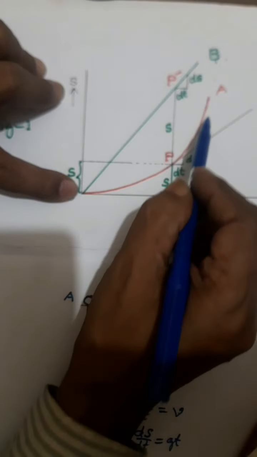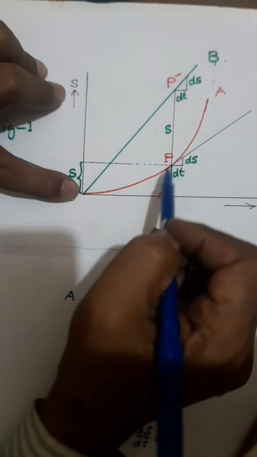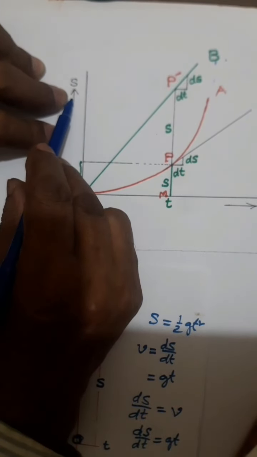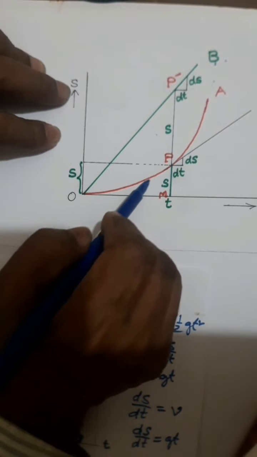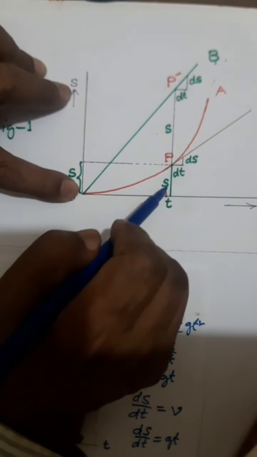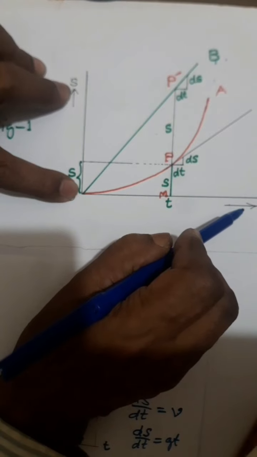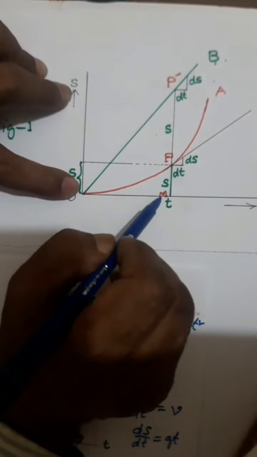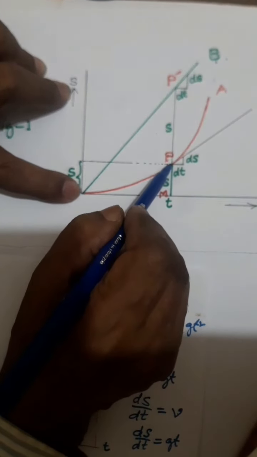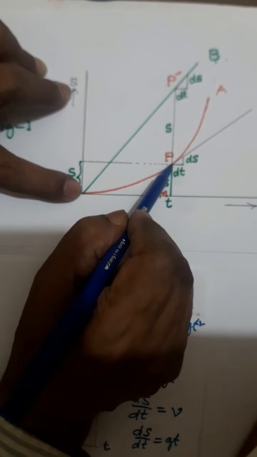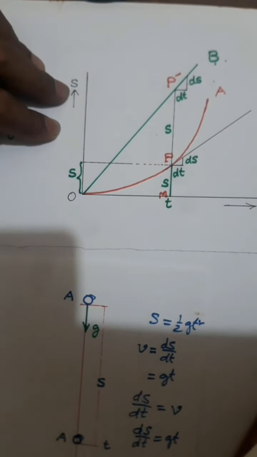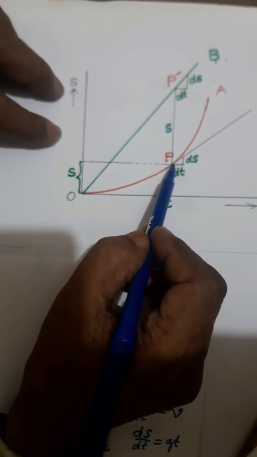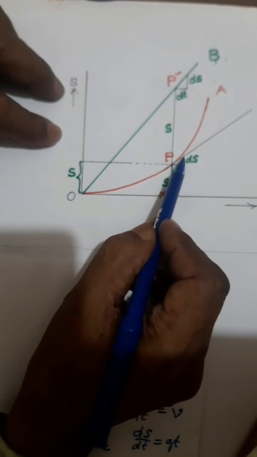The red curve is a time displacement curve, that is, a displacement curve with respect to time, and at time t, that is at the point P, the velocity is ds by dt.